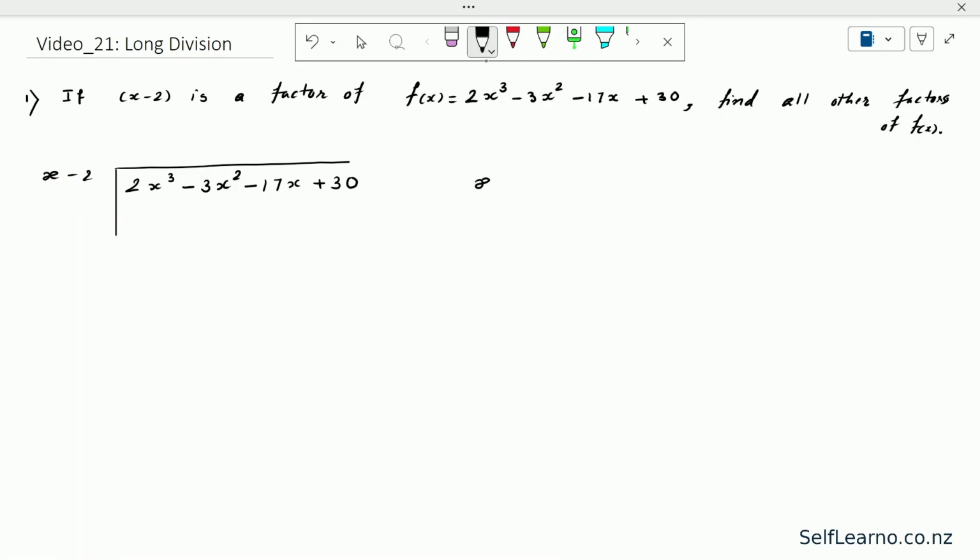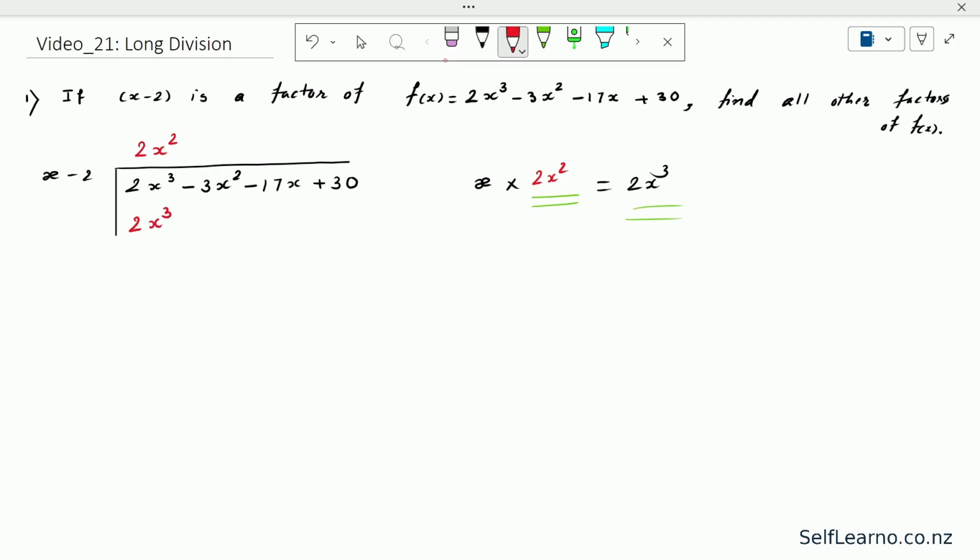What should I use for the multiplication to get this? The answer is x times 2x square will give us 2x cube. X times 2x square gives us 2x cube, right?